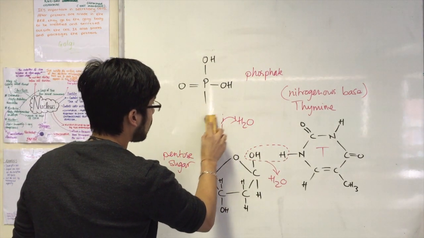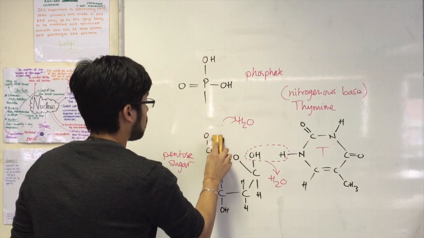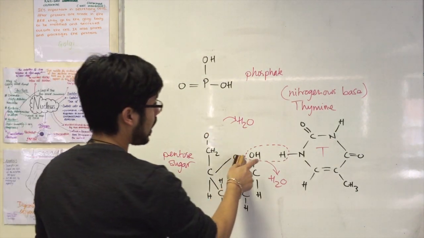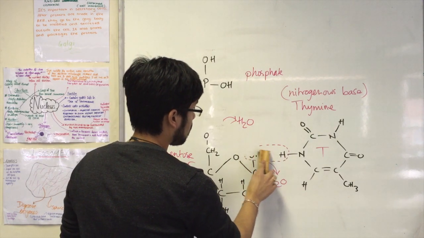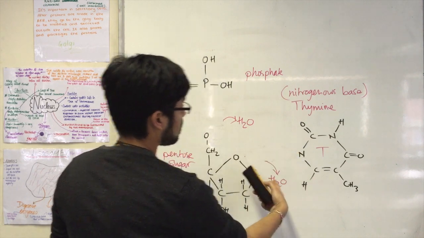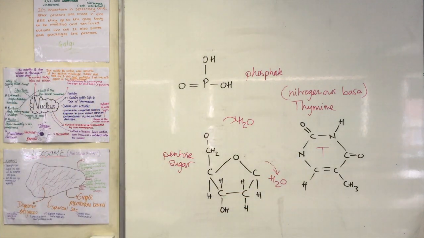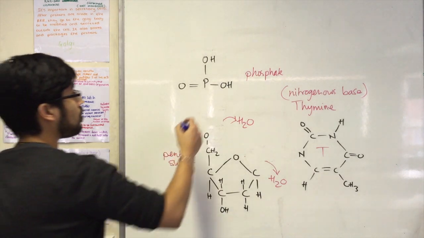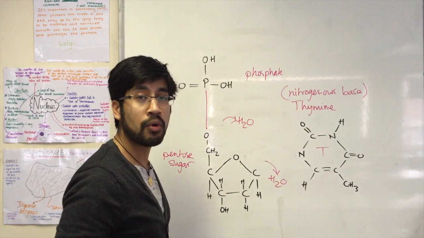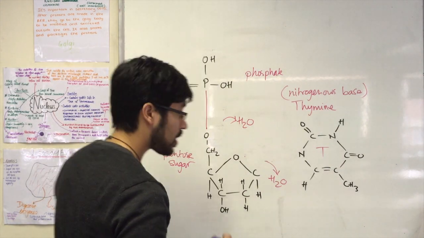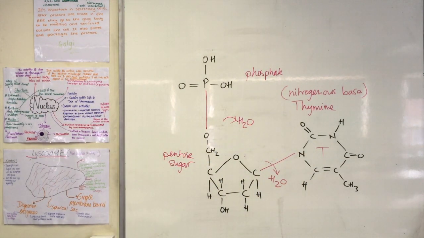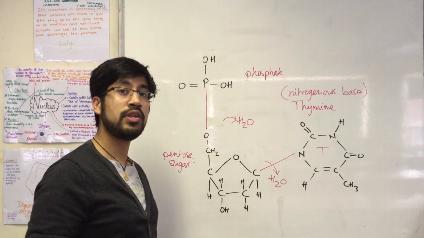We've lost the OH there, and the H from that O, and all of that has now become the water molecule. So the new bond which is formed is there. Bond lengths not to scale. And there, from the carbon to the nitrogen. And thus we have a nucleotide.